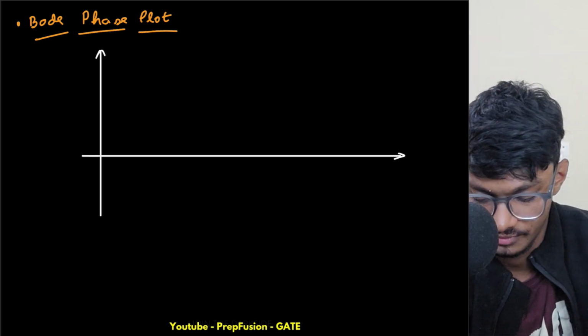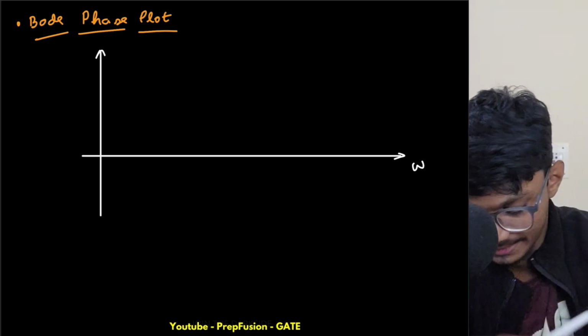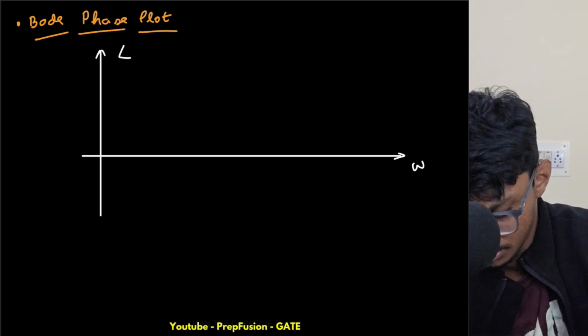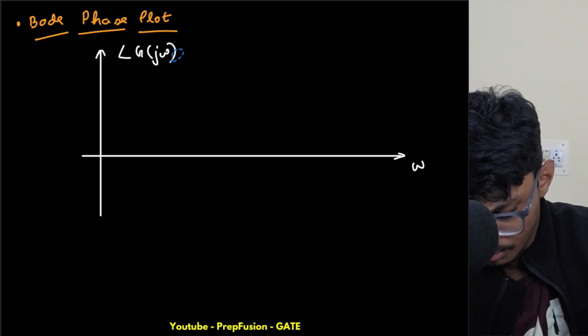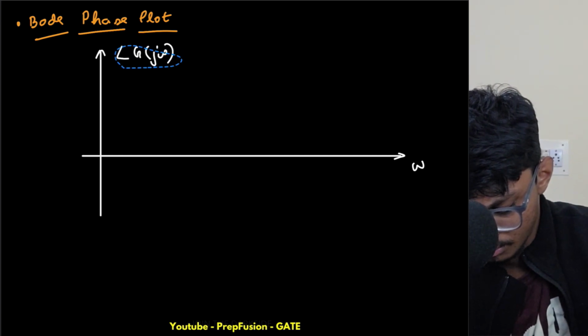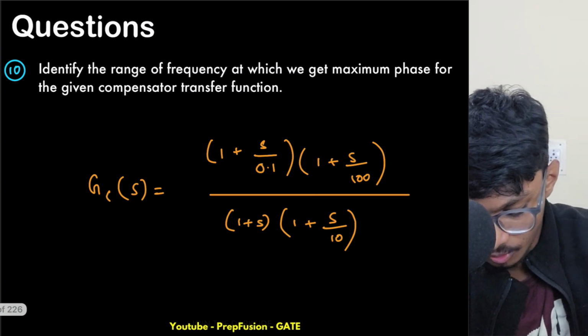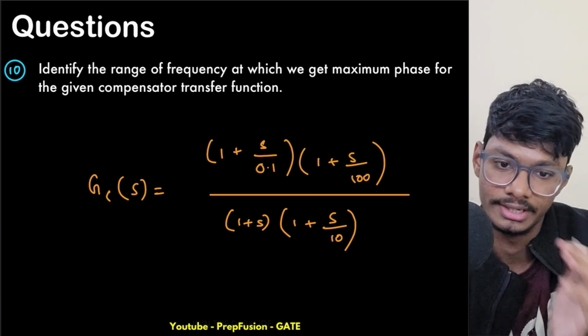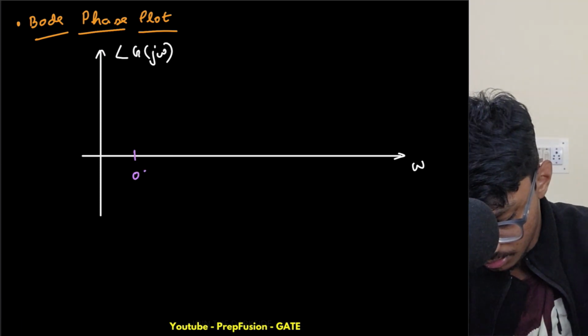So if I use the concept of the Bode phase plot, this axis will be omega, and this will be the angle of G(j omega). Let me mark the corner frequencies. At 0.1 I have a zero, so 10 times before and 10 times after that the effect of the zero will be there. So 0.1, and this is 0.01.